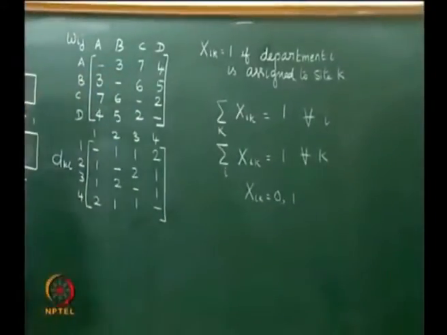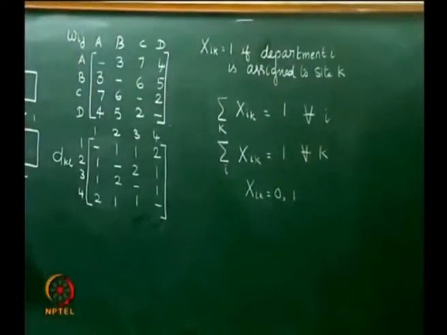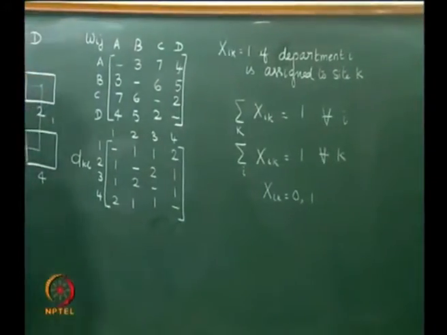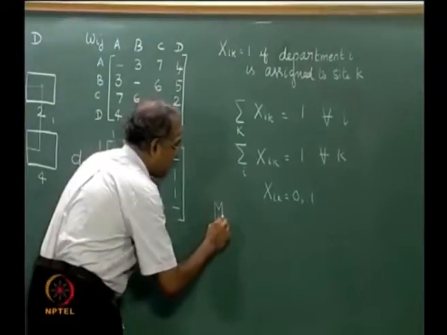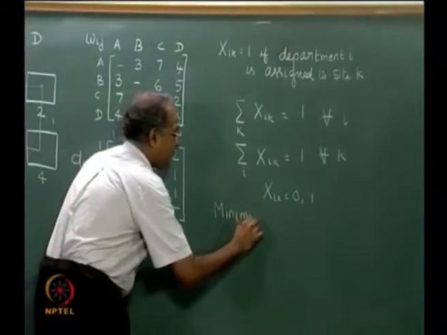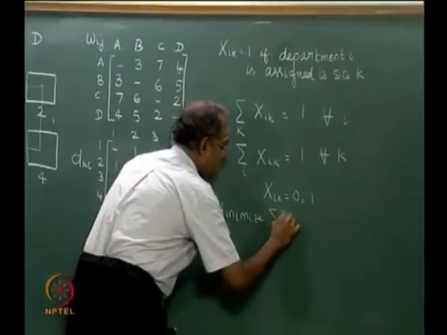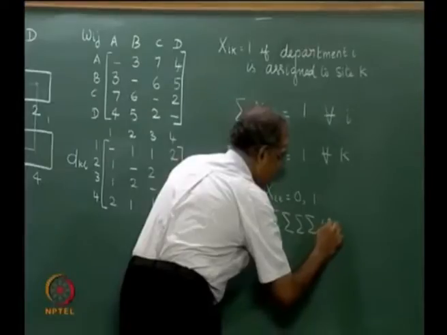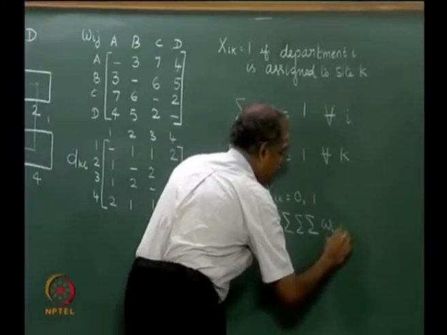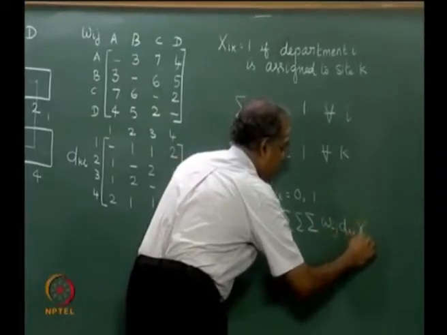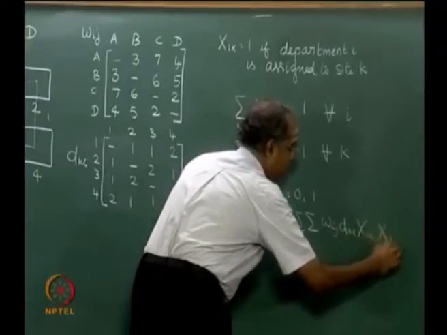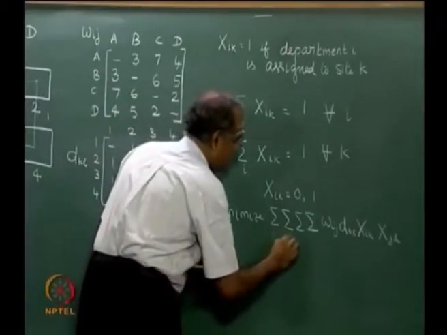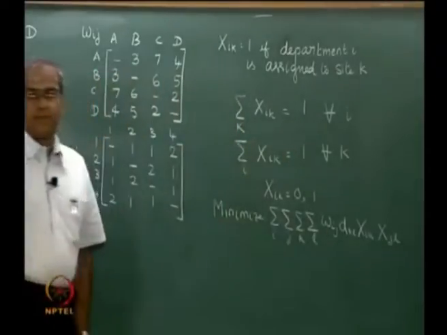The objective function is to minimize the product of the Wij's and dkl's. So, the objective function will be of the type: minimize Wij dkl xik xjl, summed over i, j, k, l.